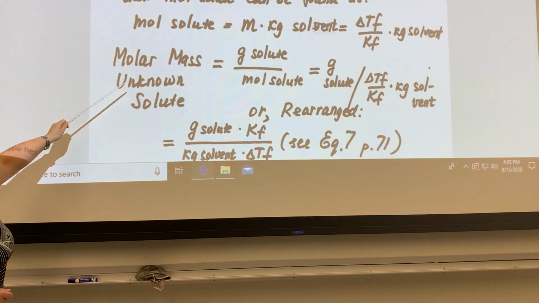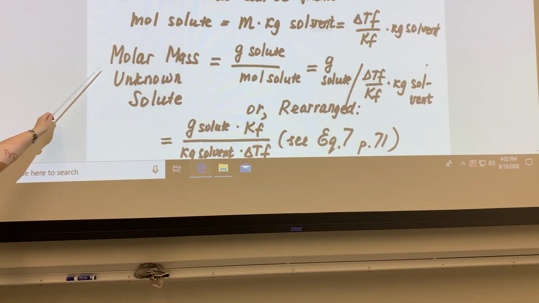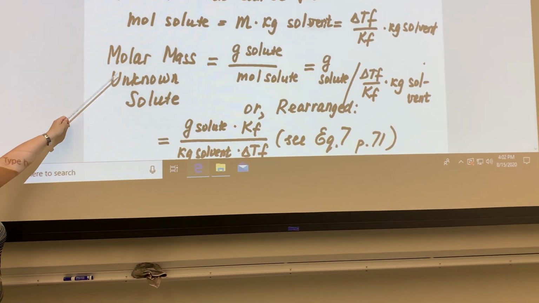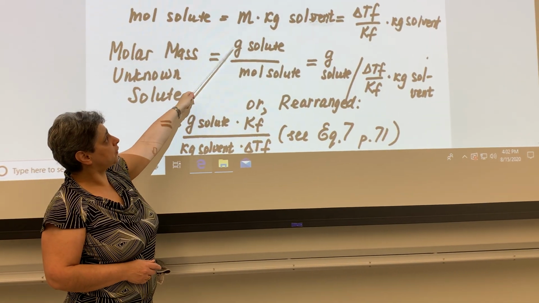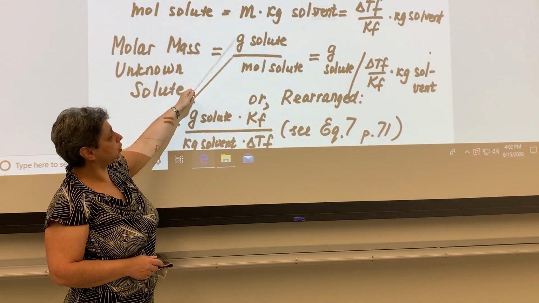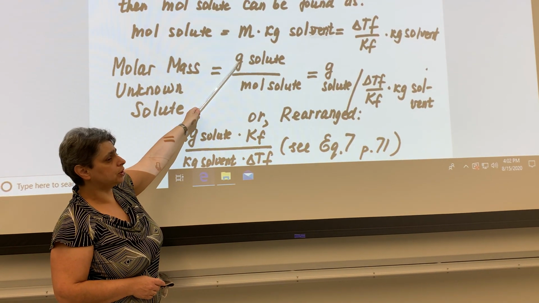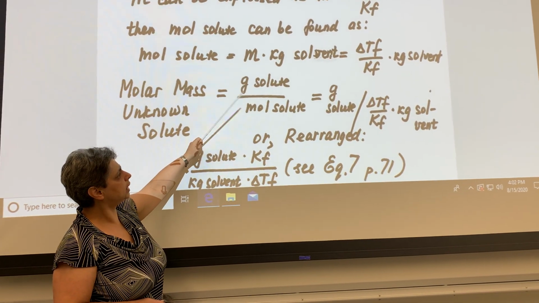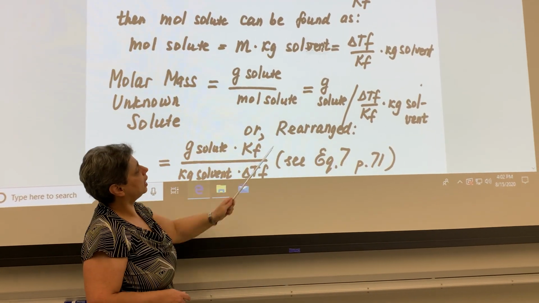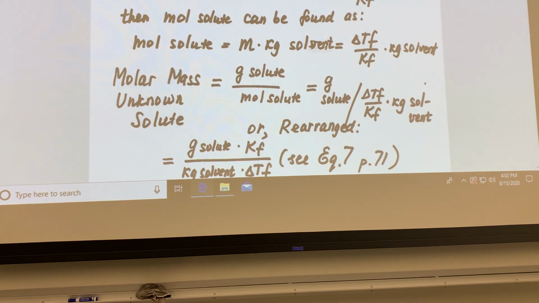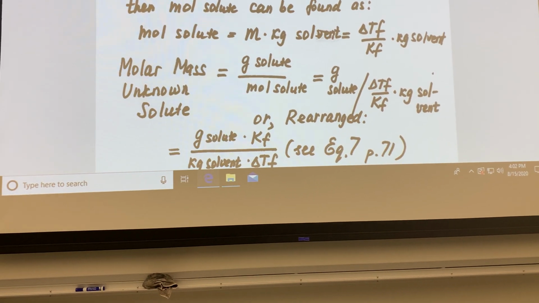This leads us to our final equation that we can use to find the molar mass of the unknown. Molar mass of any substance is found as its grams over its moles. So if we take grams of solute that we use to prepare the solution divided by moles of solute found up here, we can then determine the molar mass of the unknown in grams per mole.